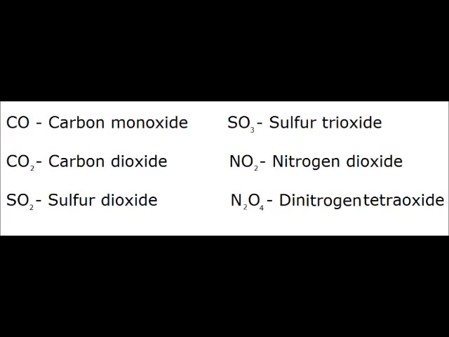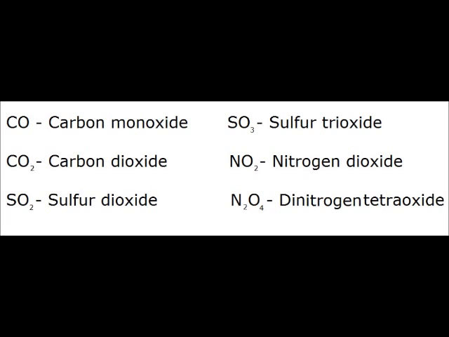So here are some examples of these molecular compounds. I just mentioned carbon monoxide. The one right under that is a close cousin, carbon dioxide. So again, one carbon is just carbon, dioxide because I have two oxygens. Below that is sulfur dioxide.